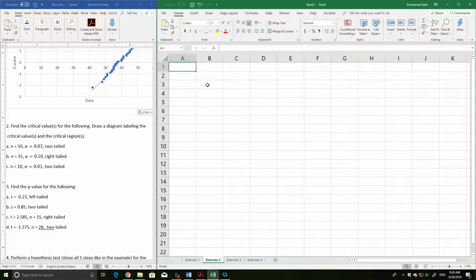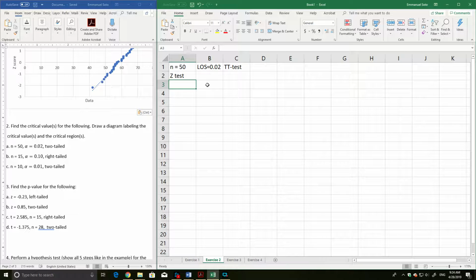Now we are looking at n equals 50, and our level of significance is 0.02, and we're looking at a two-tailed test. That means we're looking at a z-test, right, since n is greater than 30. If the sample size is greater than 30, you're going to use a z-test.